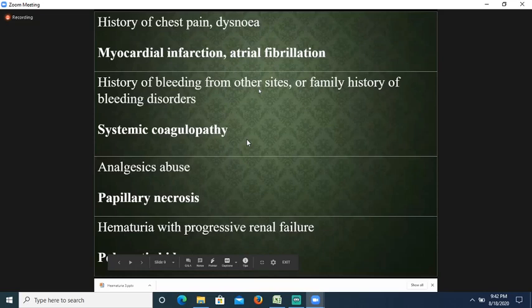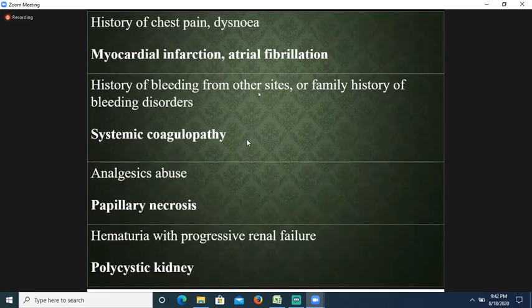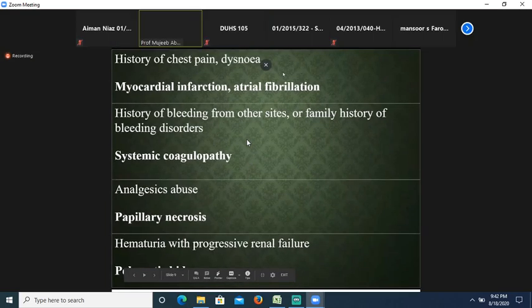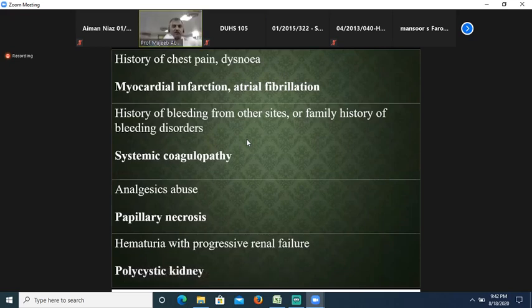Then next is, as we discussed earlier, analgesic abuse, which causes papillary necrosis. Oh, we are live now. I can see myself anyway.